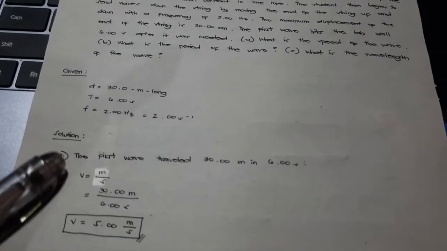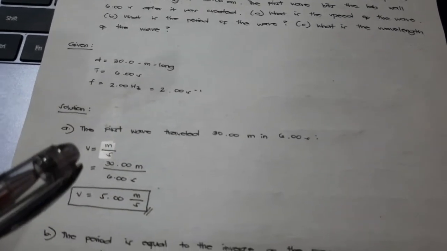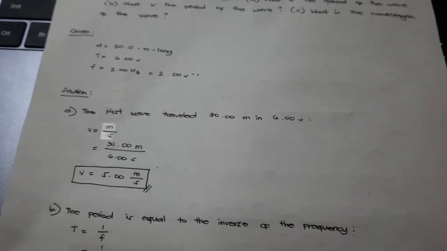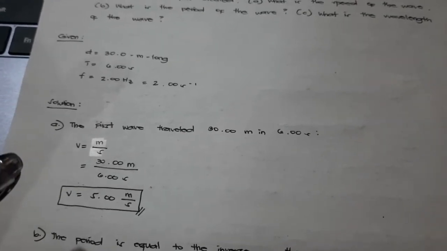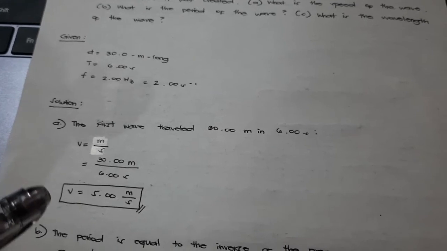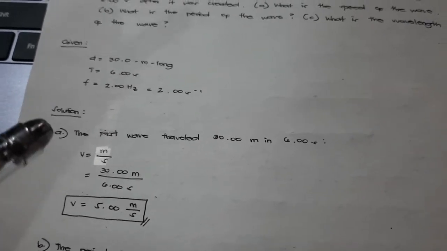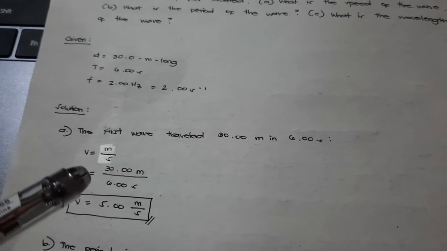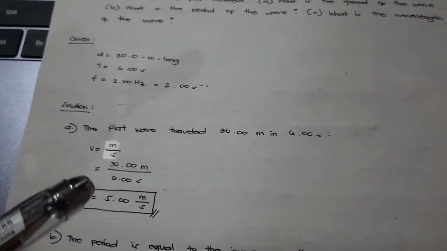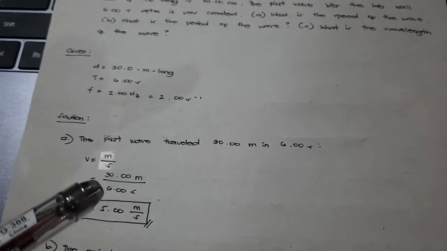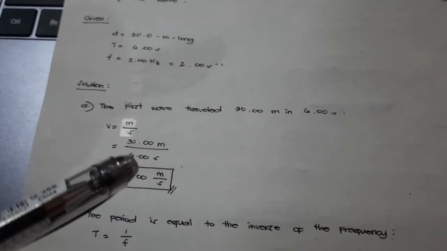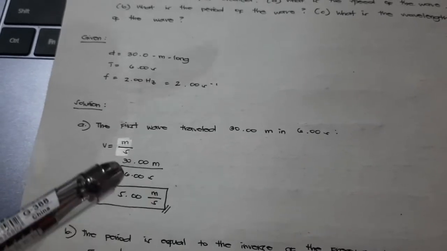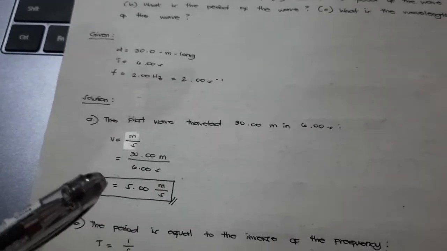What is the speed of the wave? Letter A, the first wave traveled 30 meters in 6 seconds. To find the speed of the wave, we must divide meters over seconds. Our distance is 30 meters and our time is 6 seconds.